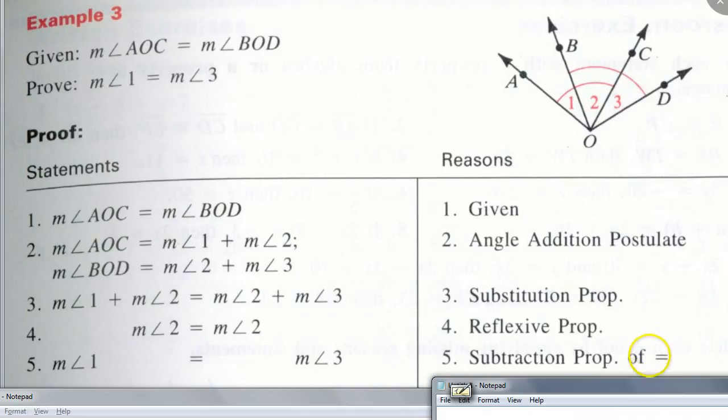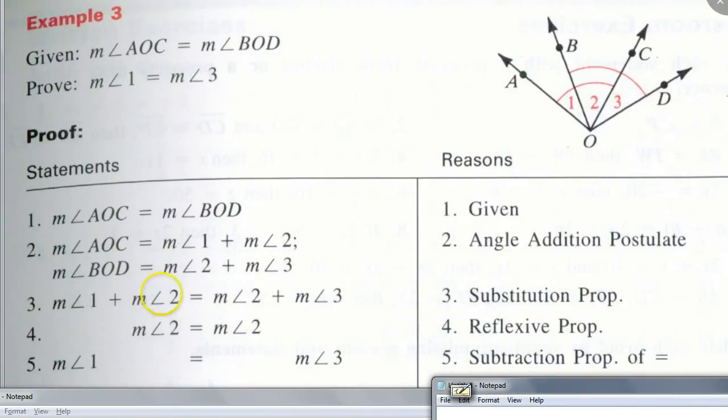Yeah. Okay, so do you see why we need reflexive property here? Who would like to explain? Listen, some of you don't get this. Why do we need to put the reflexive property here in the middle?